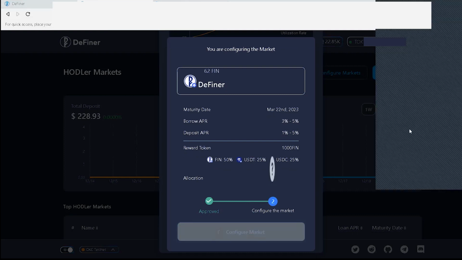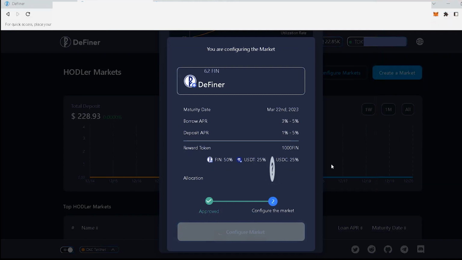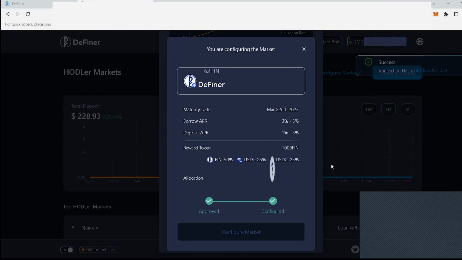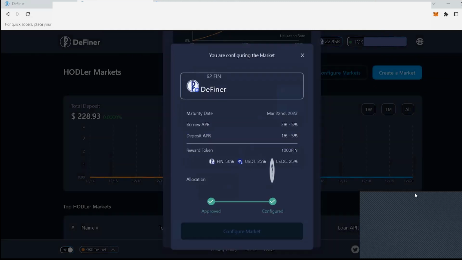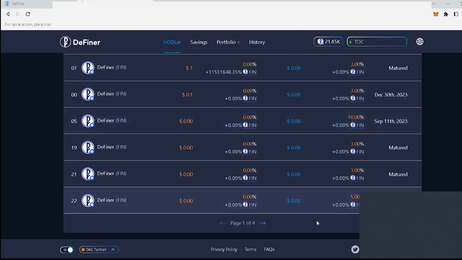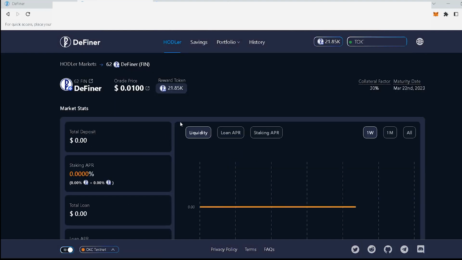Here it is going to ask you to pay the small on-chain fee, confirm. And it's been a success. Now you're done. Now you can go to your market, in this case, market 62. Go to your market and check out your brand new HODLer Market.